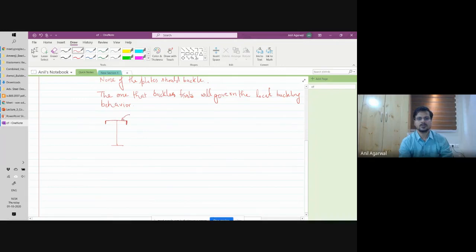Then this one is not an outstanding compression flange, it is an internal compression flange.